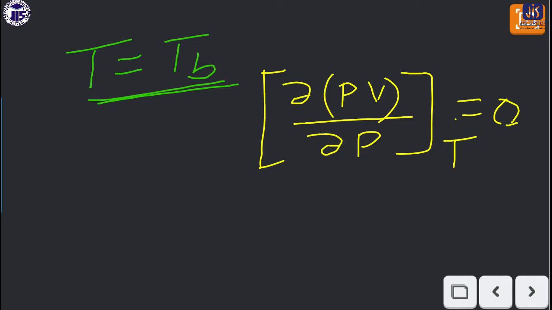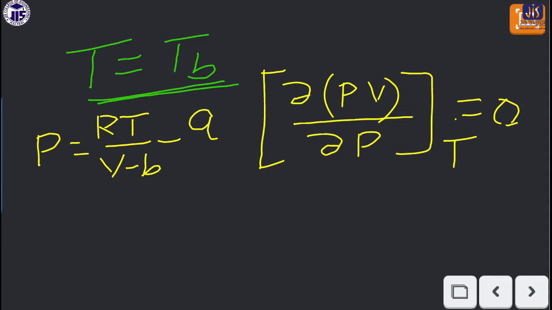And you know that from the real gas equation, P is equal to RT by V minus B, minus A by V square.